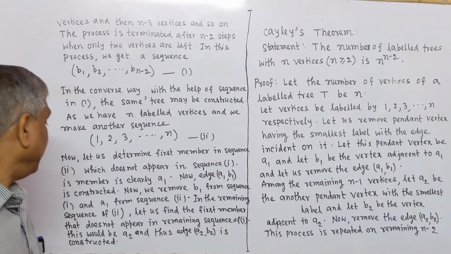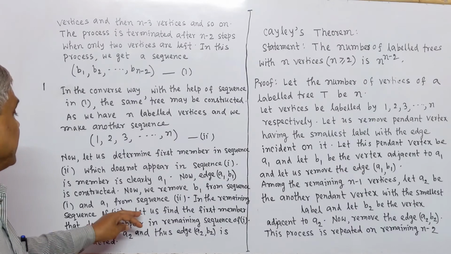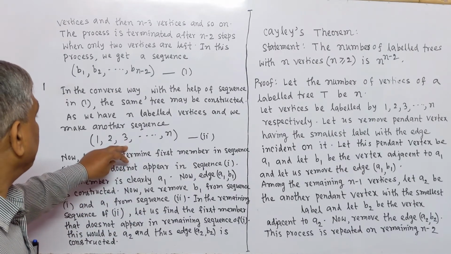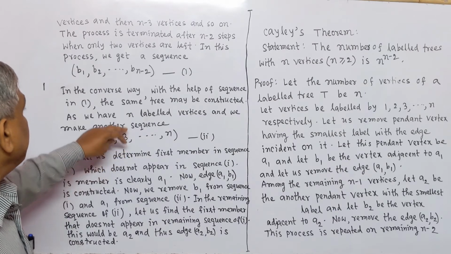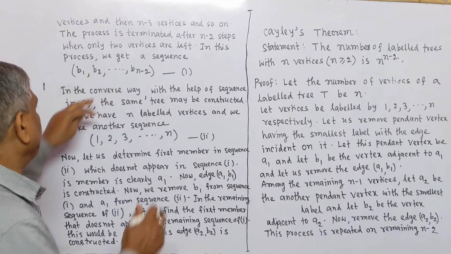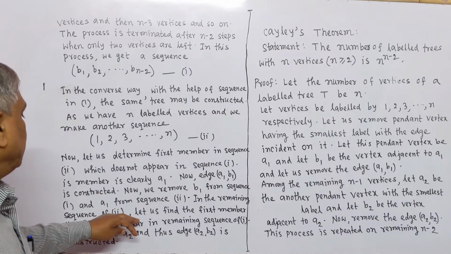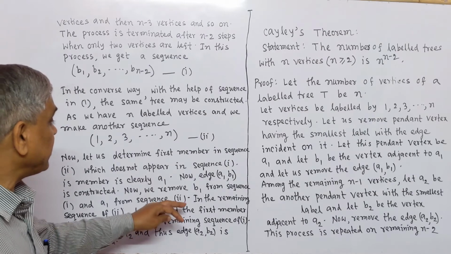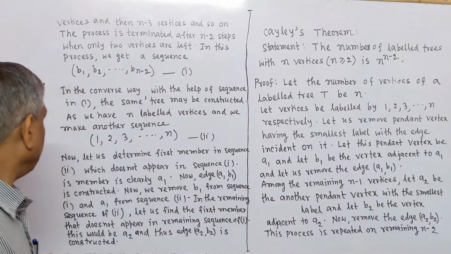In the remaining sequence 2, let us find the first member that does not appear in the remaining sequence 1.